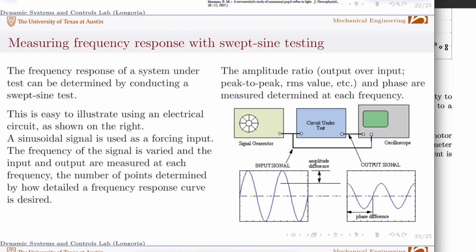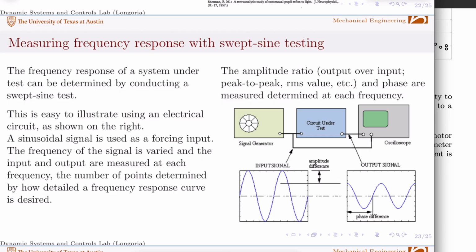You turn the knob or push buttons on a function generator and sweep the frequency, measure these, however you're going to measure them. You could choose to measure peaks or RMS or other metrics of your signals.